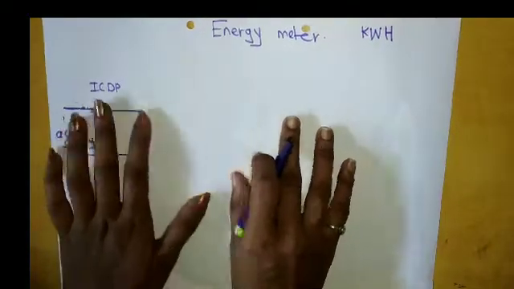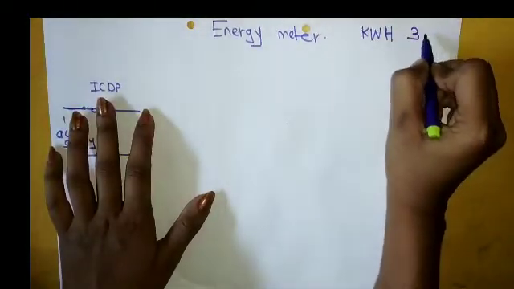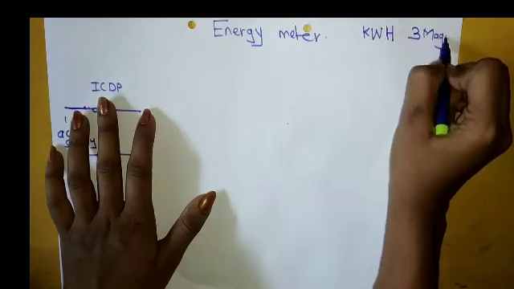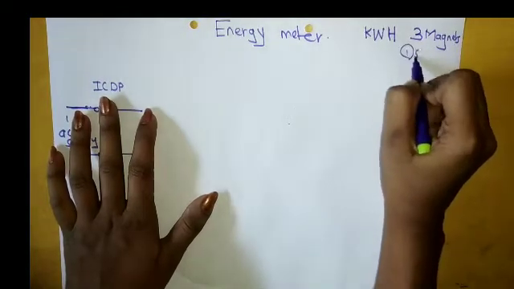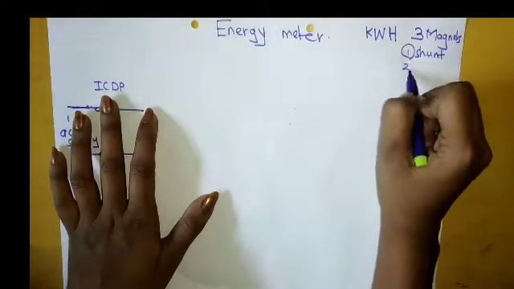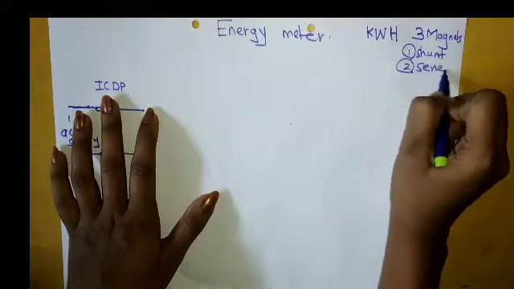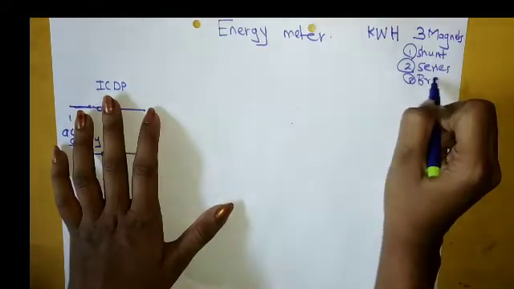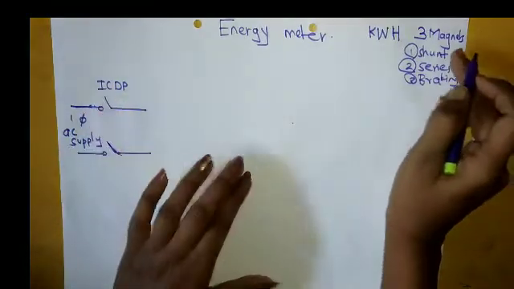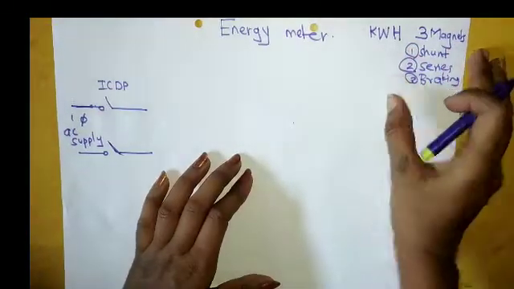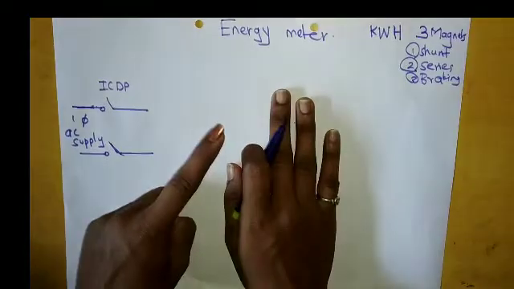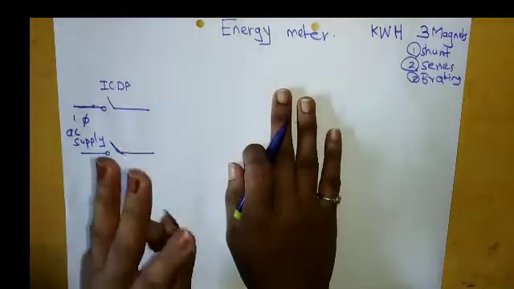Just remember, it has three magnets. The first one is the shunt magnet, the second one is the series magnet, and the third one is the braking magnet.